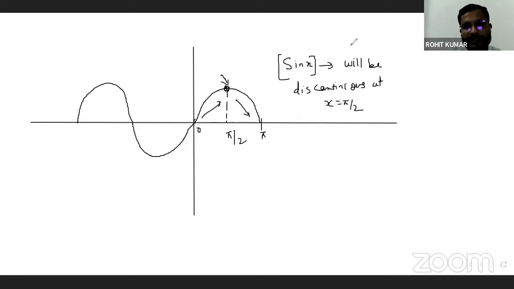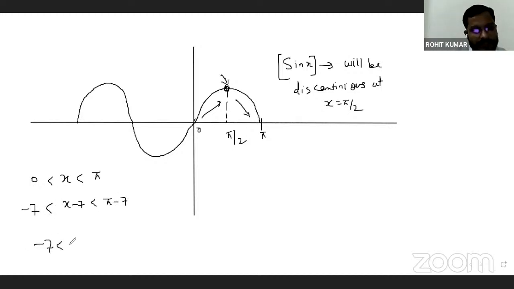And let's discuss sin(x minus 7). As x goes from 0 to pi, x minus 7 will go from minus 7 to pi minus 7. Minus 7 is a value less than minus 2 pi, and minus 2 pi is about minus 6.28. Here are 0, pi, 2 pi, so minus 7 is somewhere here.